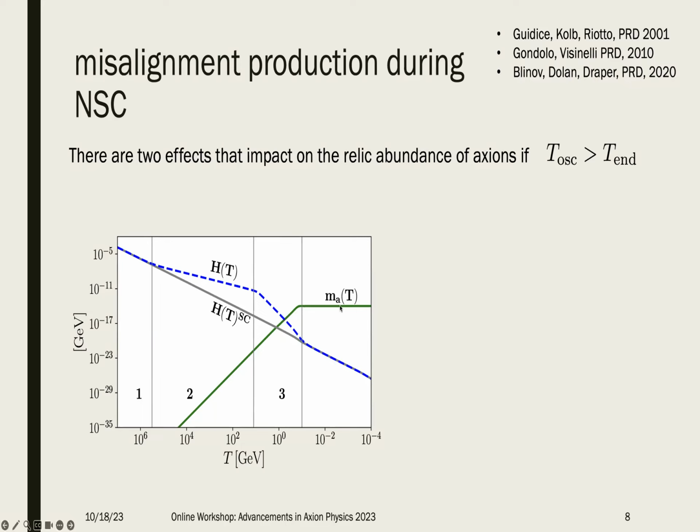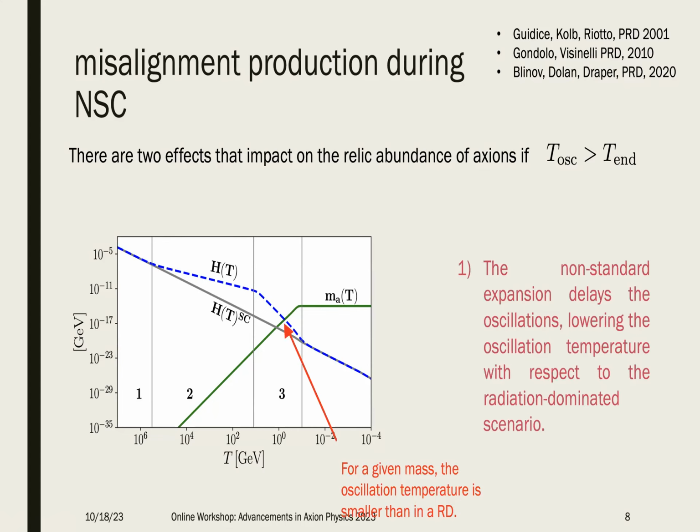You can see that when you look for the crossing with the axion mass, which is temperature dependent, this crossing happens at smaller temperatures. And therefore, this has the impact of increasing the energy density of the relic axions. So this is the first consequence.